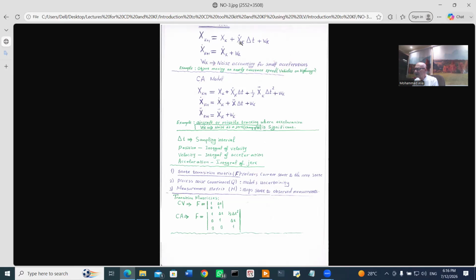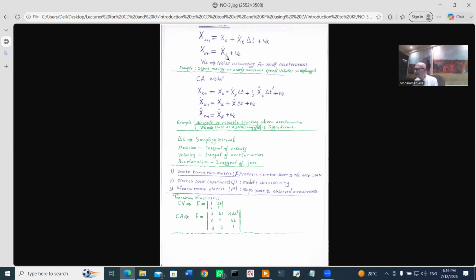of velocity change. The velocity, as you see in the second equation here, at k plus 1 is equal to the velocity at k. We assume that it doesn't change by time.